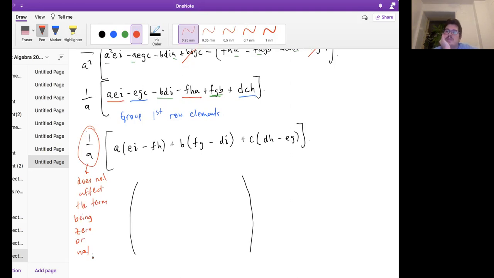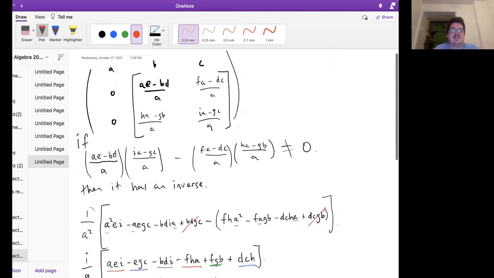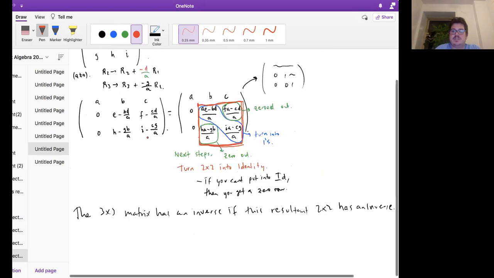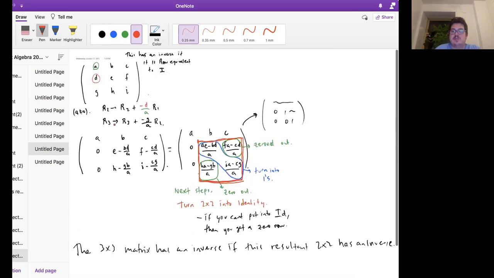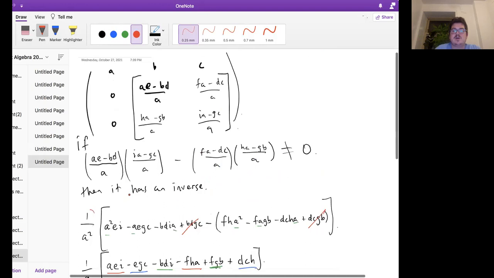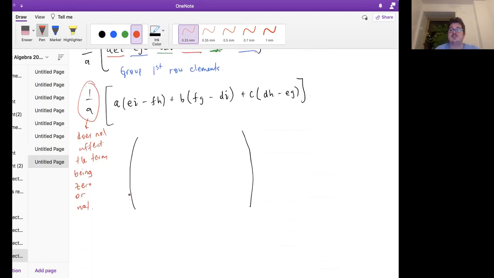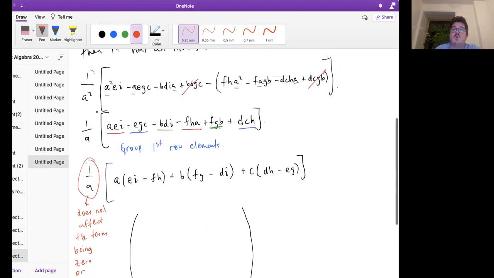Do you agree with that? A can be whatever it can be, right? Yeah, and we assumed in the beginning that we couldn't do any of this if A was equal to 0, right? We couldn't do this first step. Correct, yeah. So when we're coming up with a determinant formula, we can just omit this. The 1 over A came from factoring out the A. We had a 1 over A squared. We factor out an A.